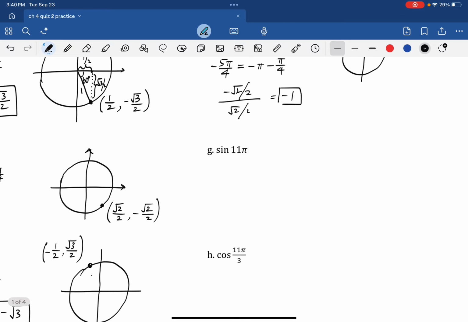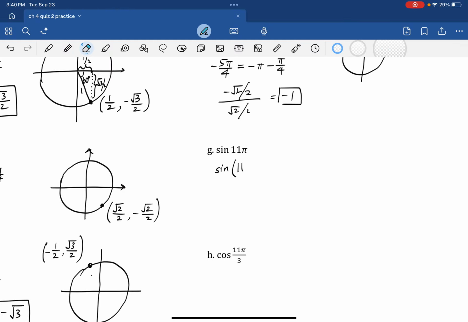All right, sine 11 pi. Well, 11 pi is a really big angle, so what we're going to do is subtract a multiple of 2 pi, which doesn't change the value of sine, right, because the period of sine is 2 pi. We're going to choose 10 pi, because that's close to 11.